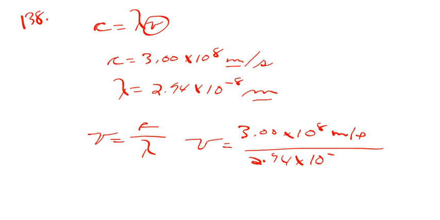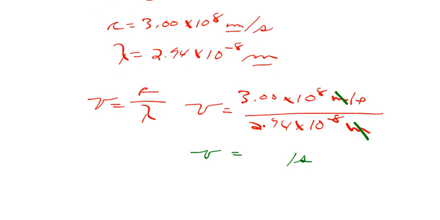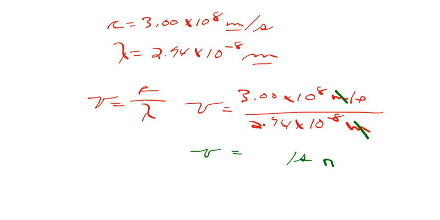And what's going to happen is meters cancel. I'm going to have frequency in per seconds. What's another term for per second? Hertz, thank you. Or you could put hertz. Final answer for that is 1 times 10 to the 16th.